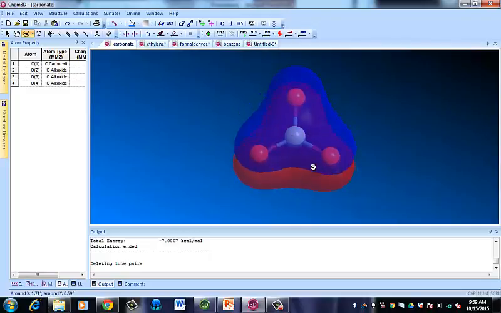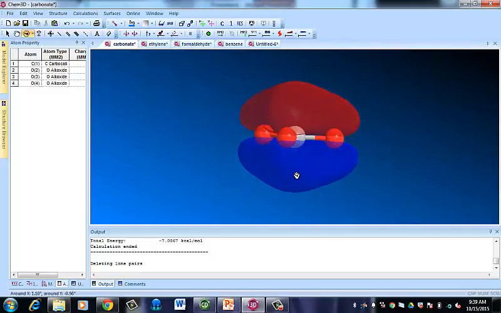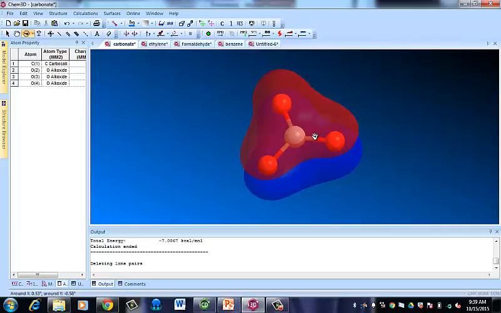So this is CO3 2 minus. In CO3 2 minus, I've got 3 equivalent bonds between carbon and the 3 oxygen atoms. And the pi bond, notice, is spread out over all 4 atoms.